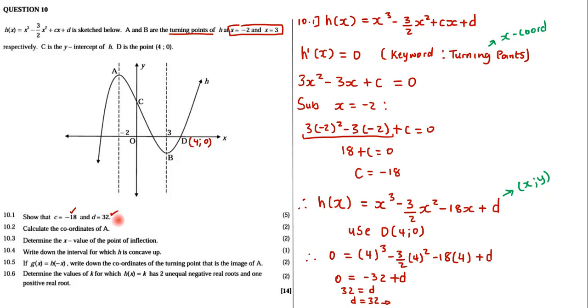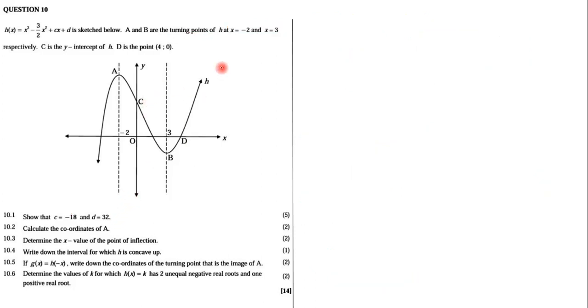Alright, so now let's move into the second one. Just know that now you have the equation as y equals x cubed minus 3/2 x squared minus 18x plus 32. Remember c was 18, and d is 32, right?